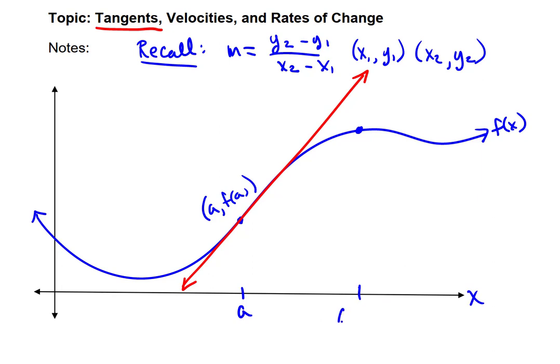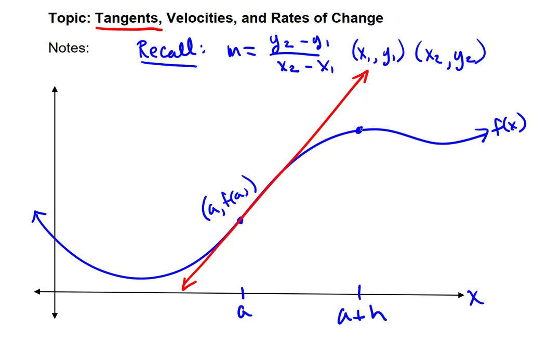So we're going to call it A plus H, where H is some non-zero value that when you add it to A, you move down the x-axis to the right, further apart from where A was, and now you get another place.